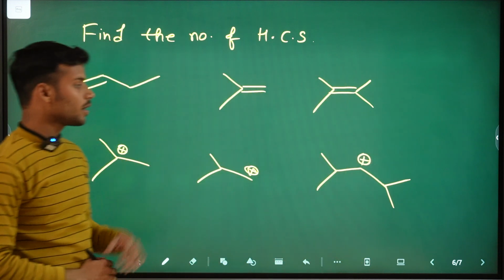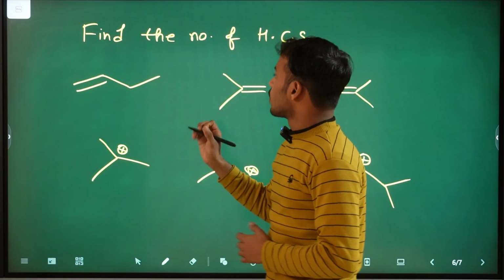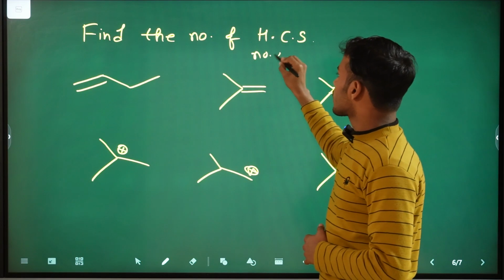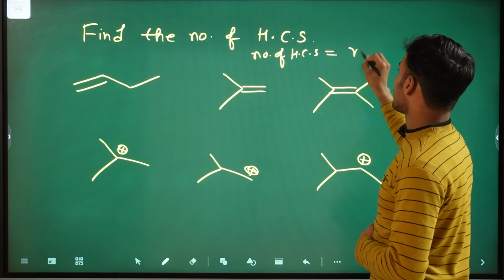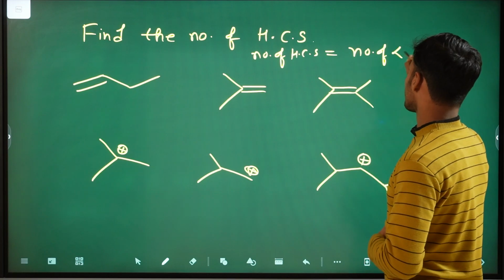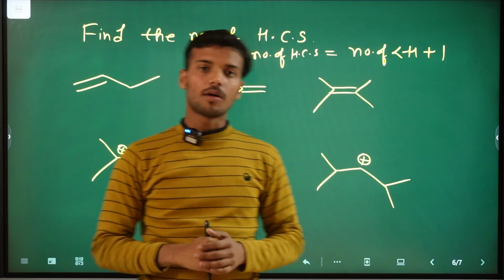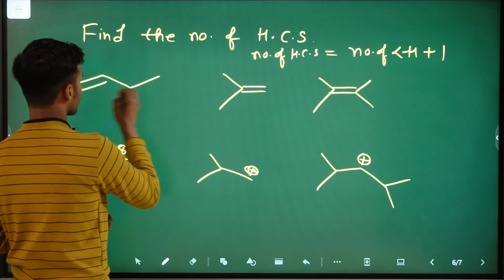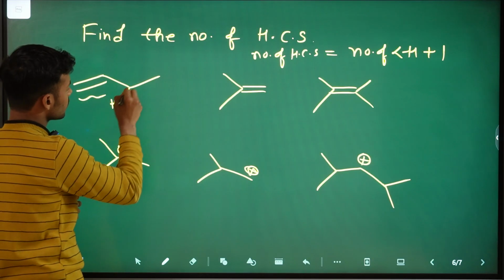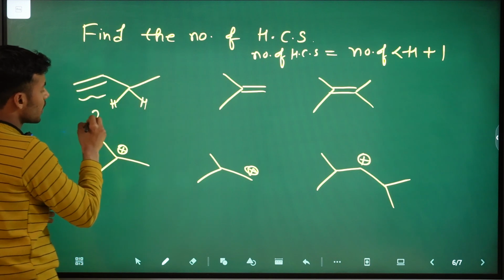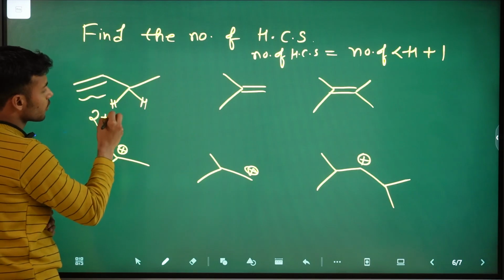So find the total number of hyperconjugative structures. The number of hyperconjugative structures is equal to the number of alpha hydrogen plus 1. So first we are going to count the number of alpha hydrogens. This is the functional group, this is the alpha position, so this is alpha hydrogen. So 2 alpha hydrogens are here. So total number of hyperconjugative structures is 2 plus 1, 3.